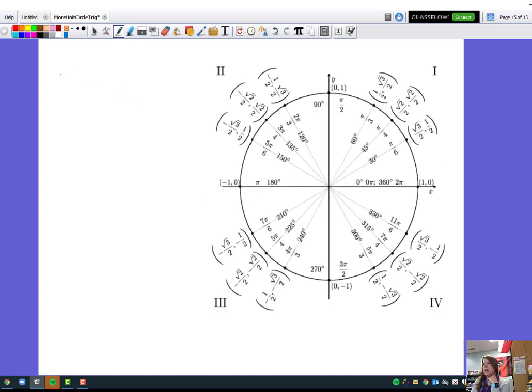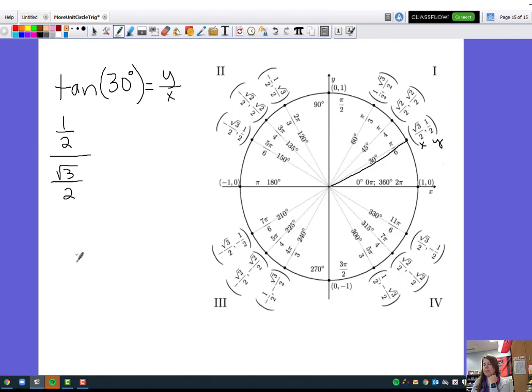And then we can look at tangent of 30 degrees. And so tangent of 30 degrees is still y over x. And so at 30 degrees, I'm looking at the x value and the y value. And so I have 1/2 as my y value divided by the square root of 3 over 2.